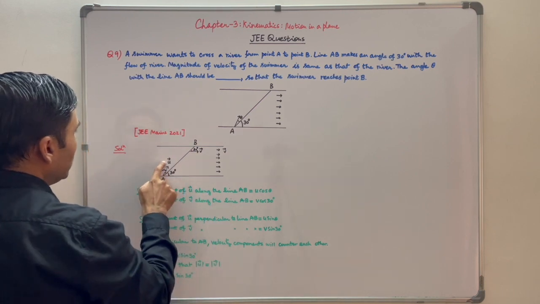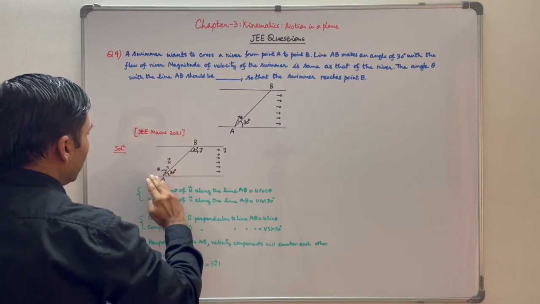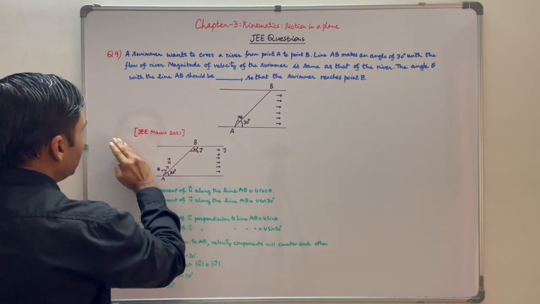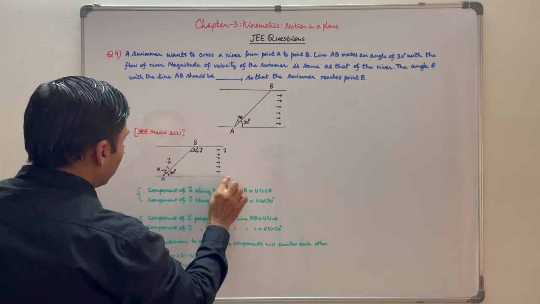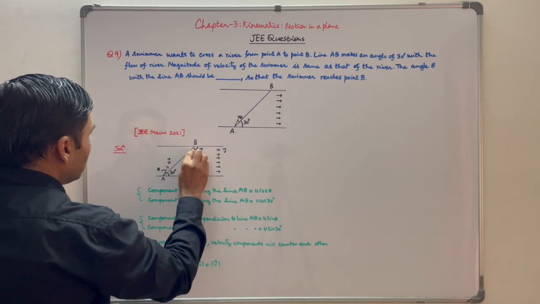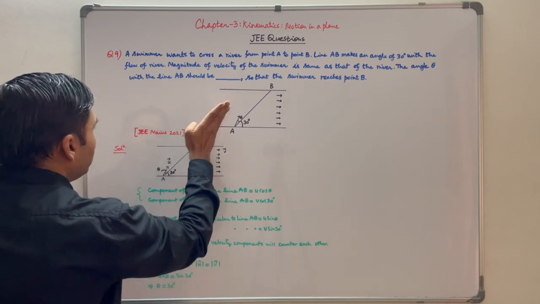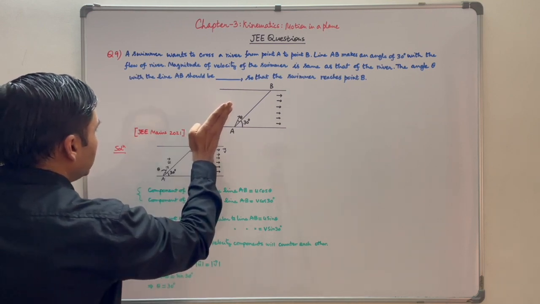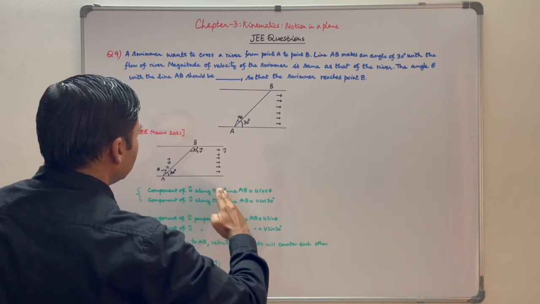Component of U along the line AB will be U cos theta and perpendicular to AB will be U sin theta. V is parallel to this line and AB is transversal, so this angle is equal to this angle, that is 30 degrees. So component of V along the line AB will be V cos 30 degrees and perpendicular to AB will be V sin 30 degrees.